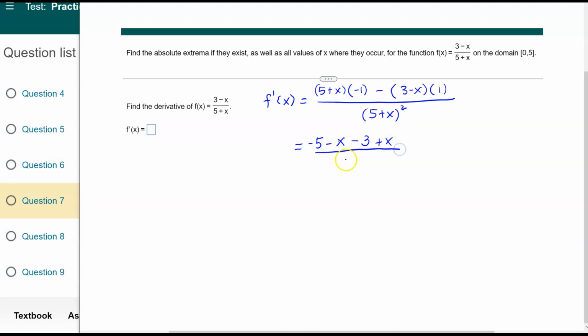And then the denominator will be 5 plus x, squared. Now, this negative x cancels with that. So you have -5 minus 3 is -8. So you have -8 over the quantity 5 plus x, squared.